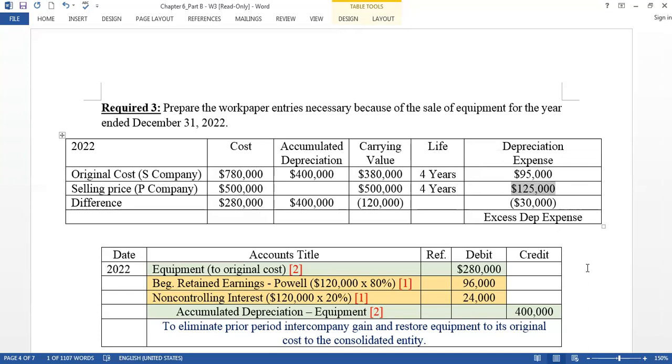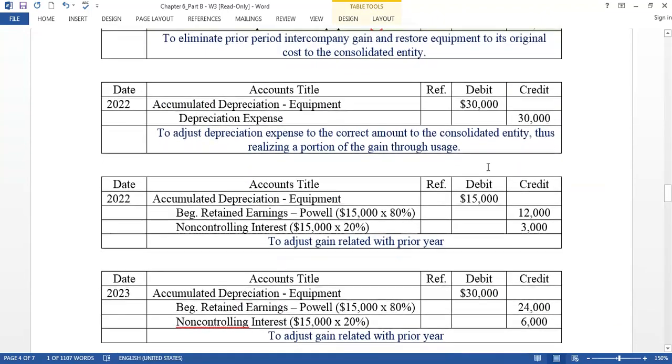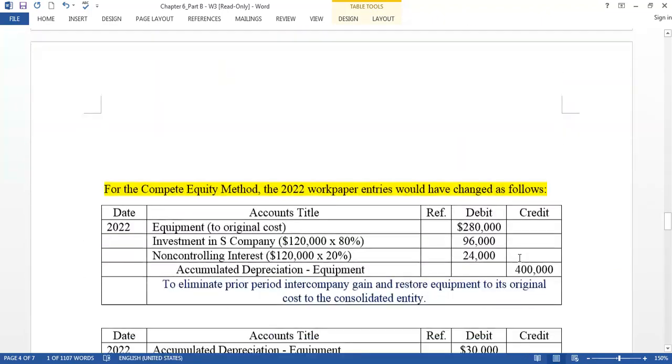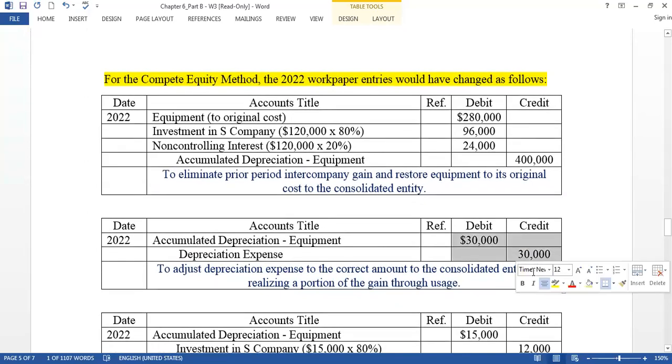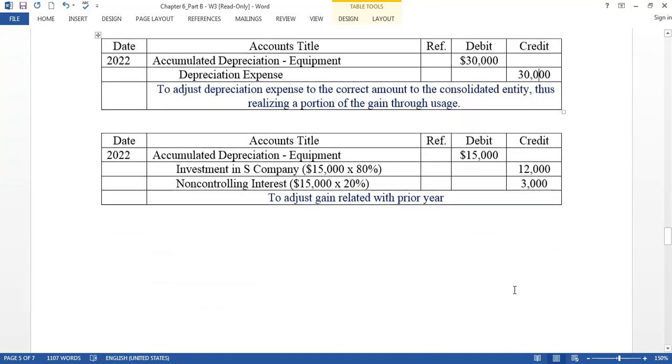But consolidated said that we have to follow the original cost. So according to the original cost, every year we find that $30,000 is higher. So every year we delete this $30,000. And because of this, we have higher net income, we have to allocate this.